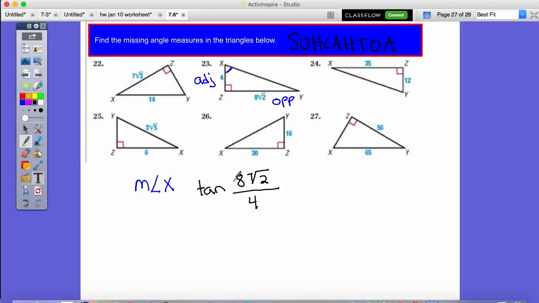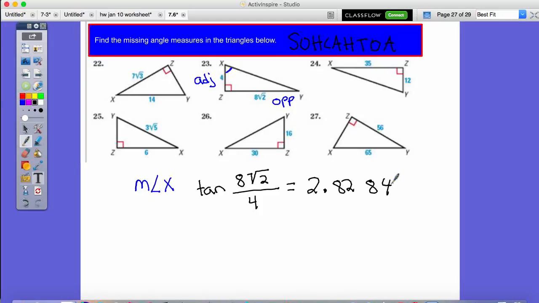So first off, in my calculator, the square root of 2 is 1.414, goes on and on, times 8, and that's going to give me 11.3137, divided by 4, and it's 2.8284.